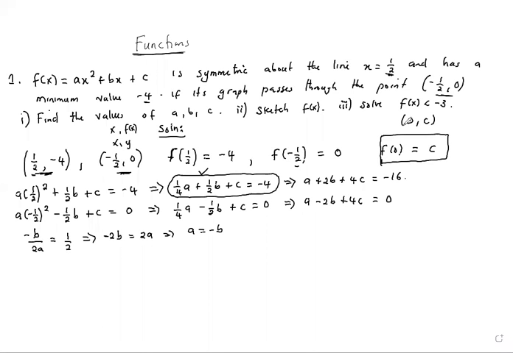The other one is the one for the minimum value. What equation is there? I forget it sometimes. B squared... Who remembers the formula? Remind me.